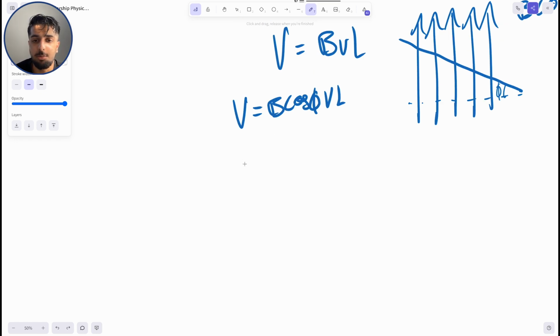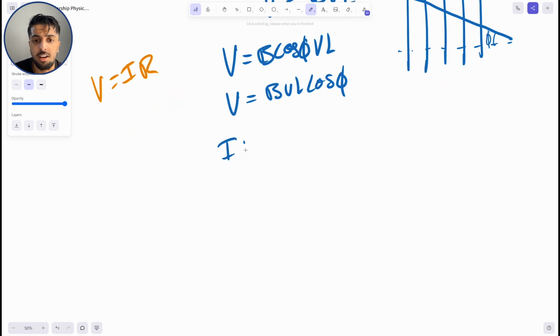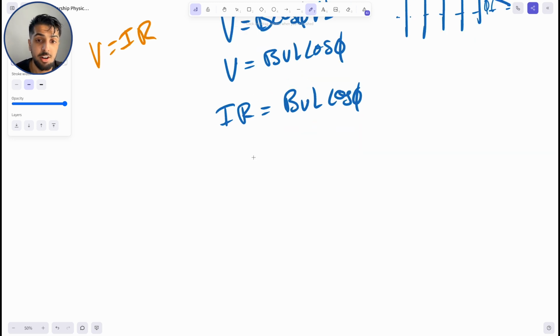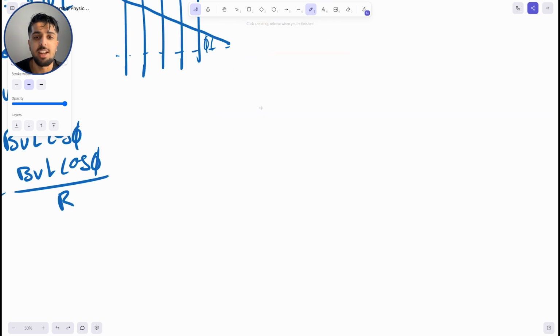Now for aesthetic purposes only, we can rearrange this. There we go. Now we also know that V is equal to IR, and therefore IR is equal to BvL cos phi. Rearranging this for our current, we get I is equal to BvL cos phi all over our resistance. Now, as stated in our previous question, our force due to Lenz's law is BIL cos phi.